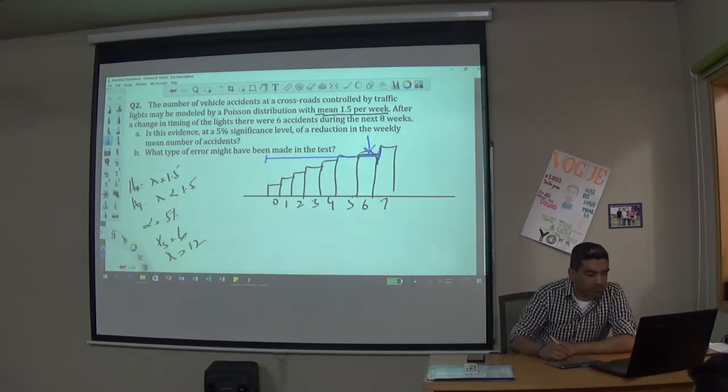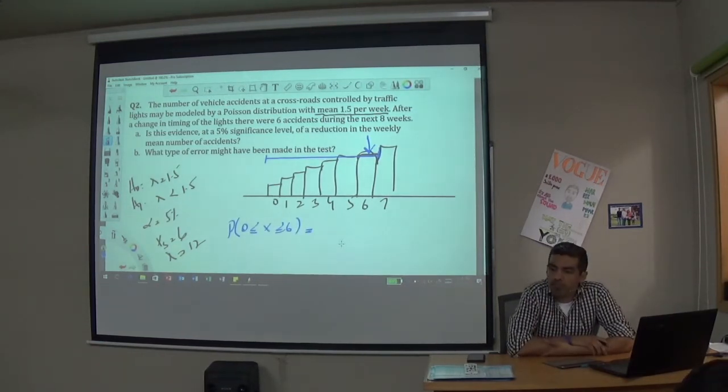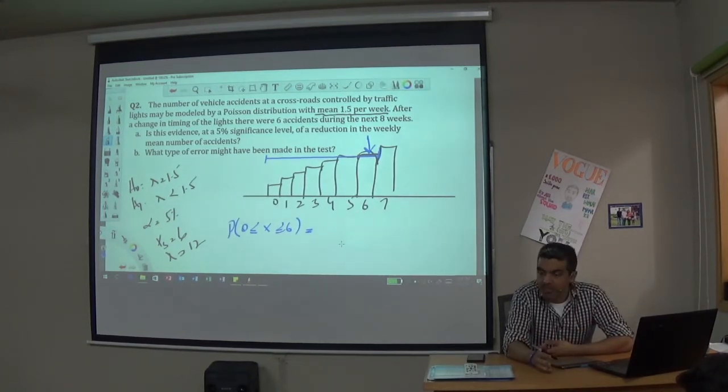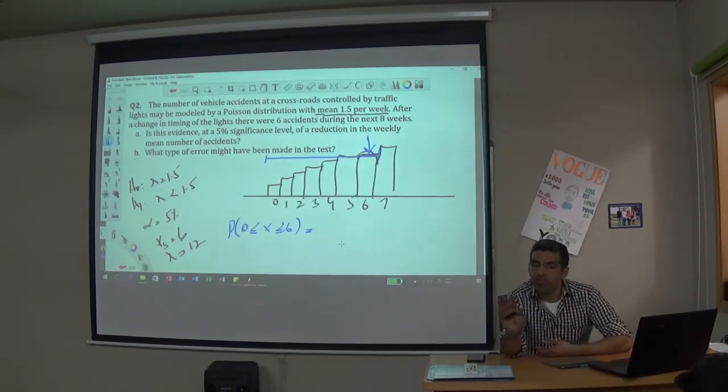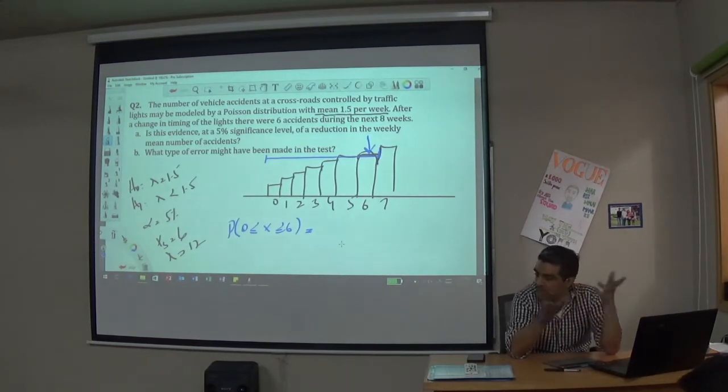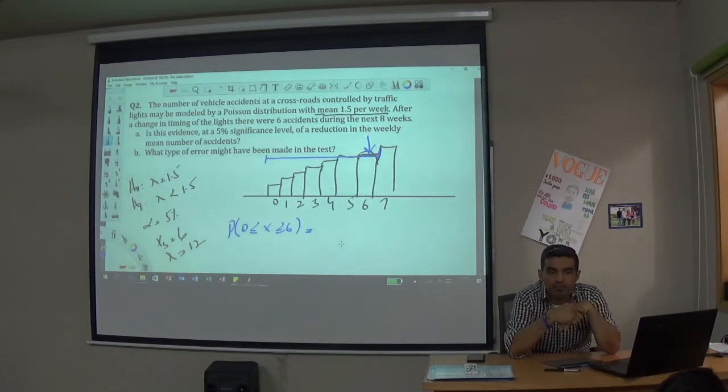Let's do this. Either you can do this or you can search for the critical region. Find the probability of 0, then add 1 to it, then add 2 to it, then add 3 to it, and keep checking whether you are crossing 5% or staying within 5%. Once you identify the rejection region, then you can check whether you are inside or outside. That's the other approach. Whichever approach you want to take.